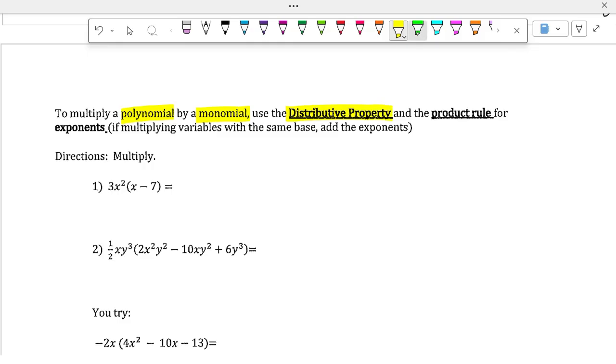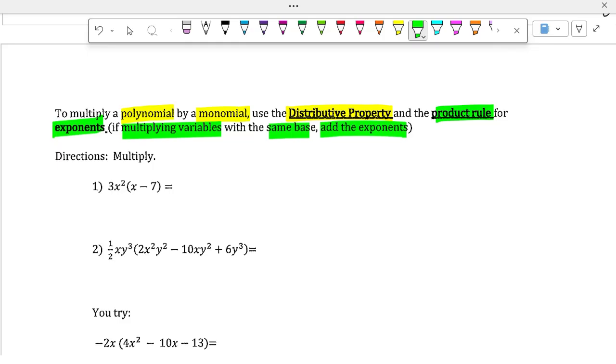And then we also have to use the product rule for exponents. So remember, when you're using the product rule for exponents, you're multiplying the variables with the same base. All you do is add the exponents. Now, the coefficients, you still multiply like normal, but with the exponents, you just have to add the exponents.